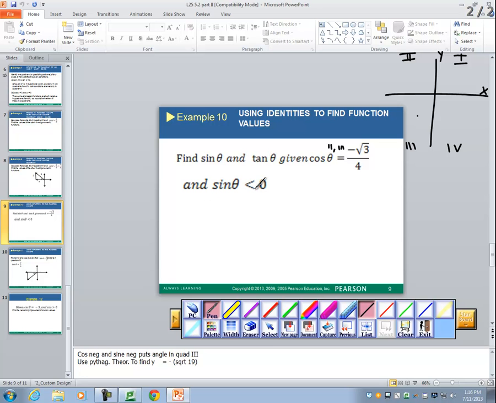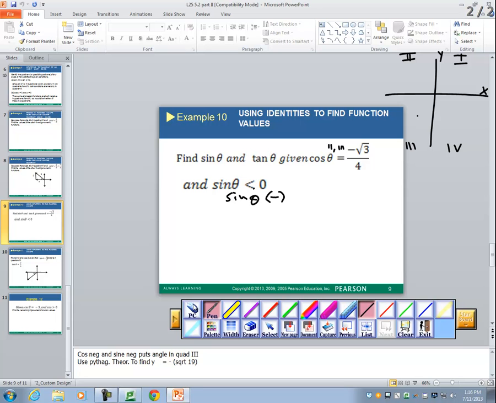And here we have sine is also negative, or sine is less than 0. So now, sine is synonymous with what? X or y? Y, right. So if y is negative, then sine is also negative.